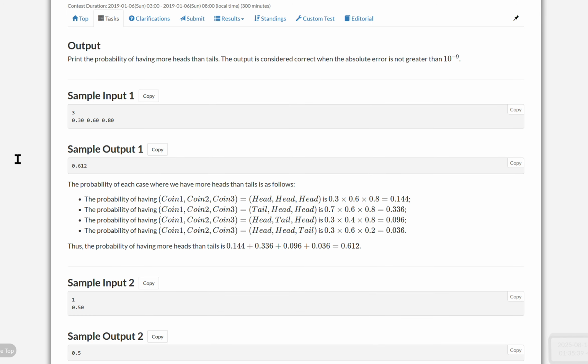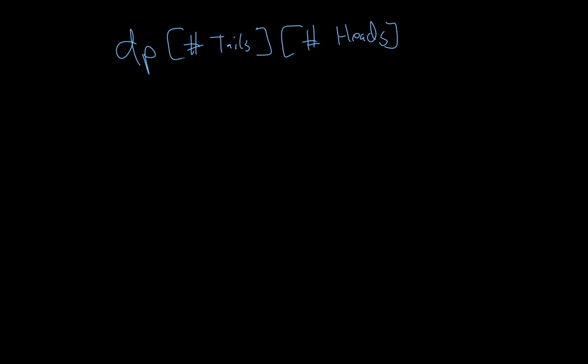One way to think of this, where we can use information from the past, is to say we have some DP where we have the number of tails and the number of heads. This seems easy enough to think about.